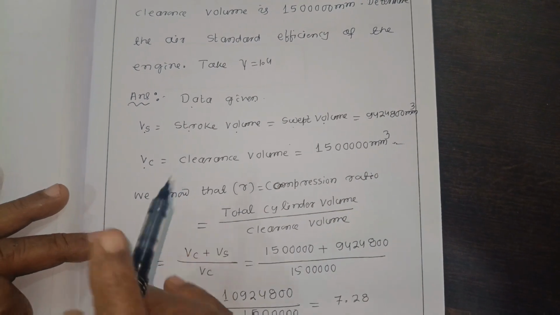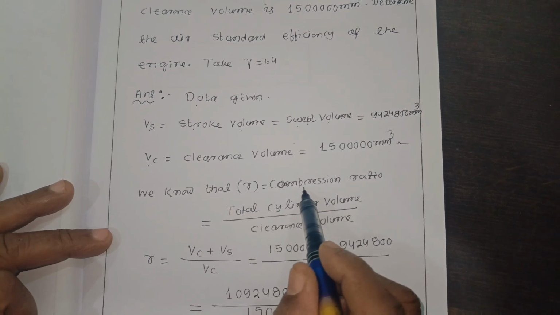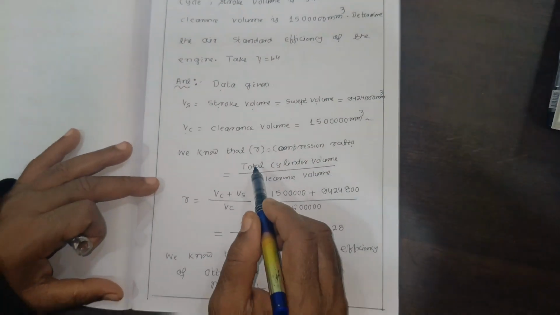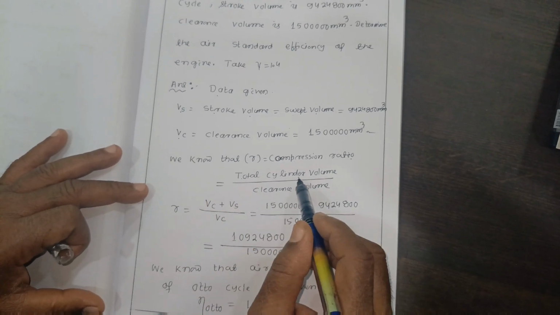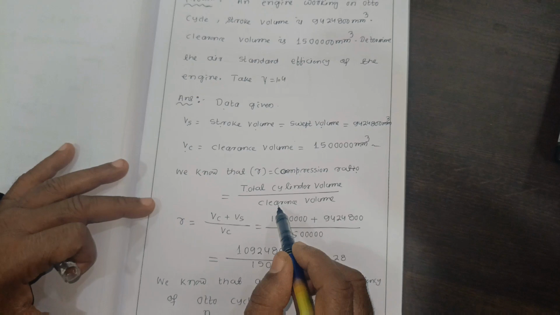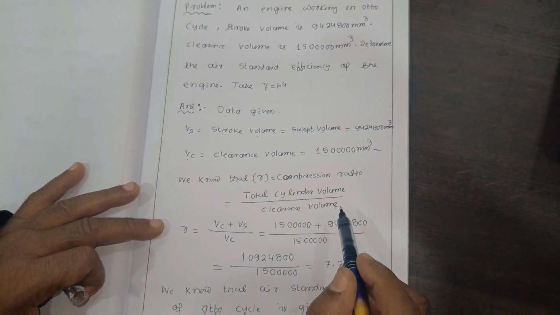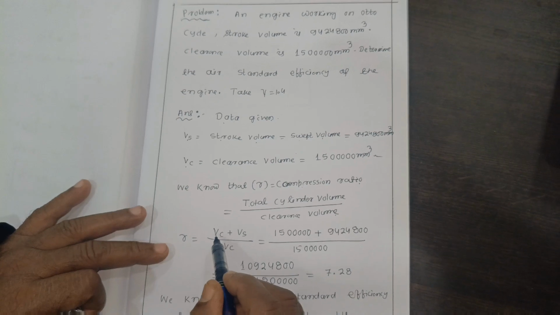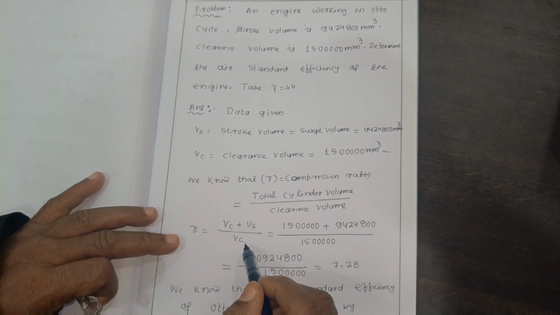We know that R is equal to compression ratio is equal to total cylinder volume divided by clearance volume is equal to Vc plus Vs by Vc.